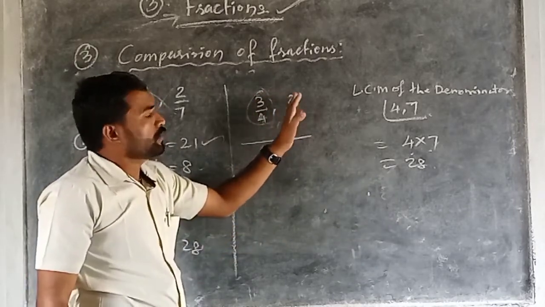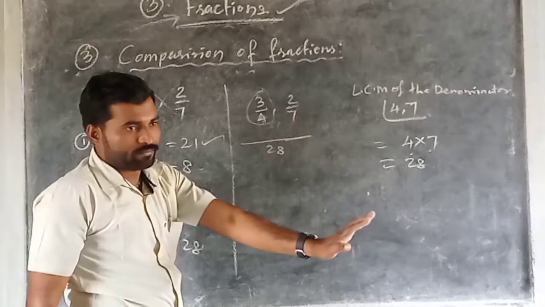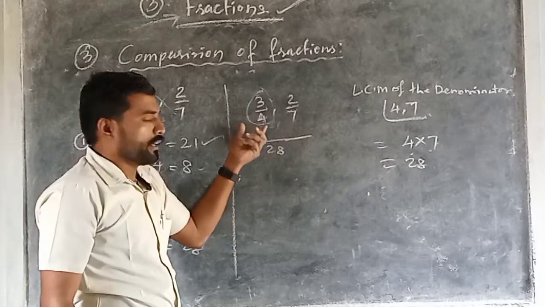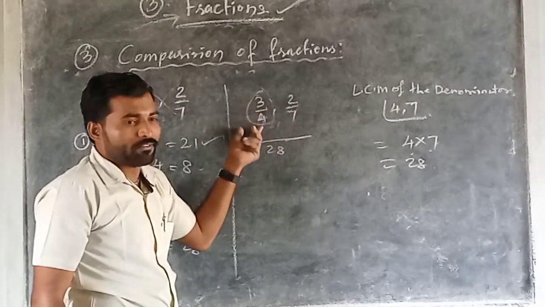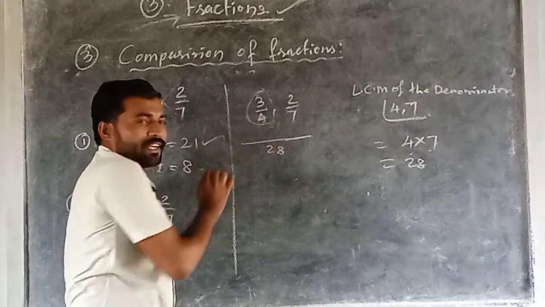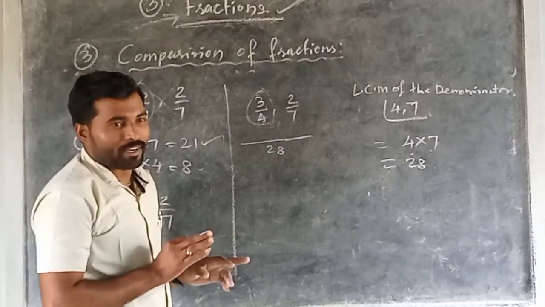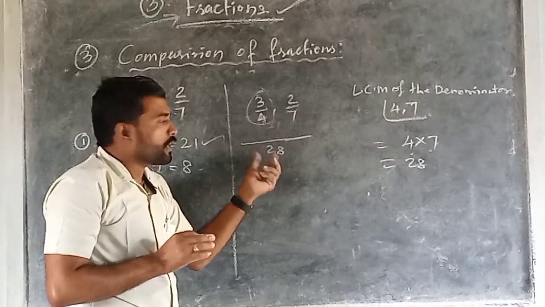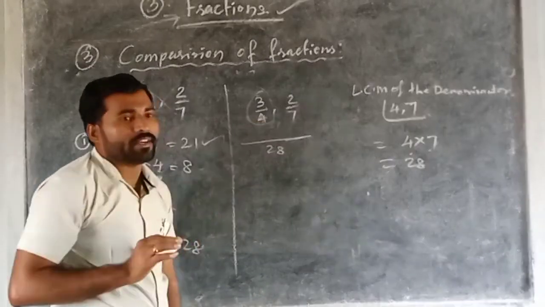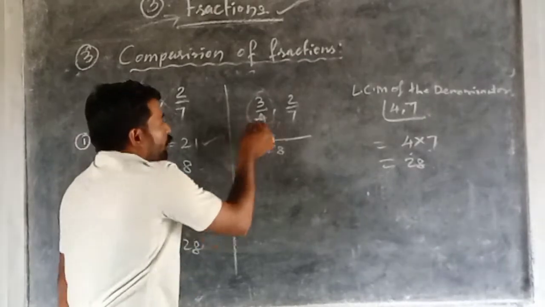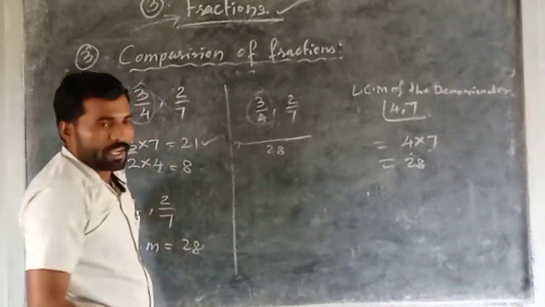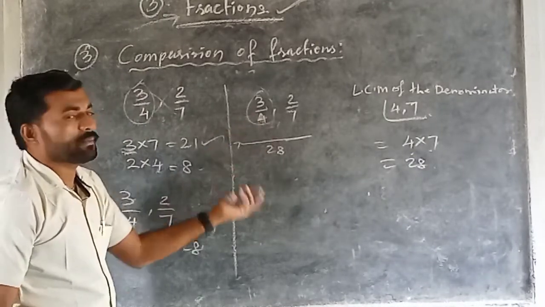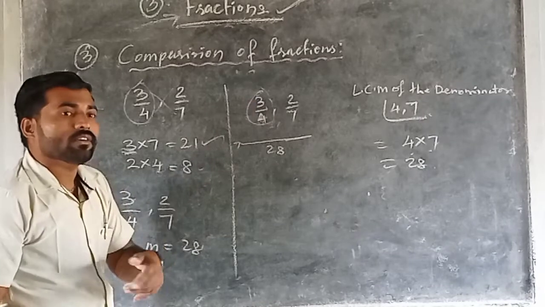Let us keep 2 by 7 aside for some time and discuss 3 by 4 first. 4 is the denominator, our LCM is 28. Then 4 times how much is 28? 4 sevens are 28. Denominator is over. Now what is left? 3, the numerator.